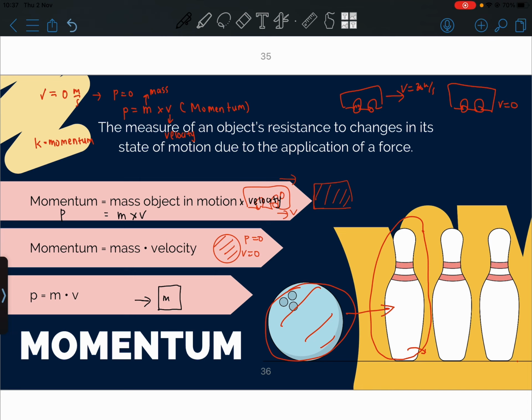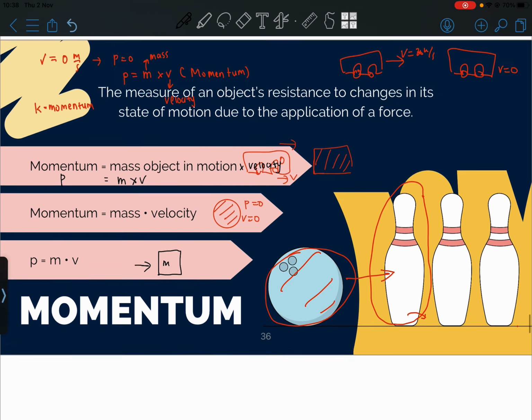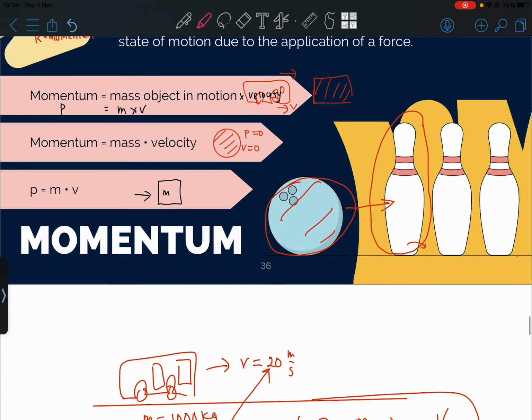That's the definition given by the famous physicist Richard Feynman. You can search his name. That's how he defined momentum. Actually the definition is the same, the measure of the resistance of the object to change its state of motion, but Richard Feynman puts it in simpler words like that.